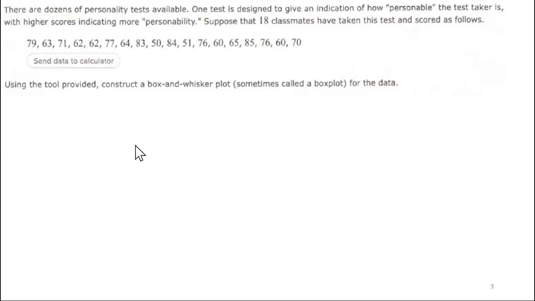This is a loaded question that has a lot of parts to it, but that's what we're going to do here. You have this data set that you're dealing with, and you're going to be answering those questions again: the five number summary, the interquartile range, are there any outliers, and then the box and whisker plot.